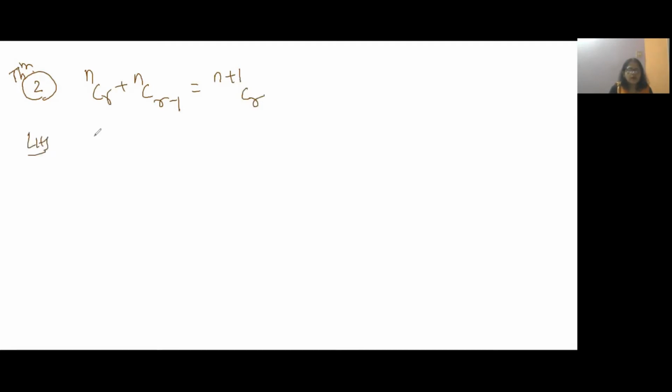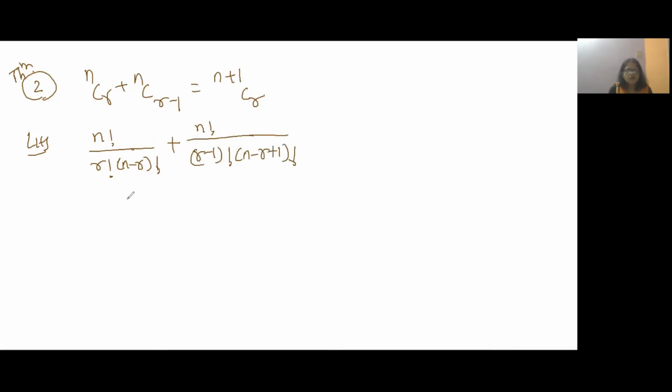Now nCr means n factorial over r factorial, (n minus r) factorial, plus n factorial over (r minus 1) factorial, (n minus r plus 1) factorial.